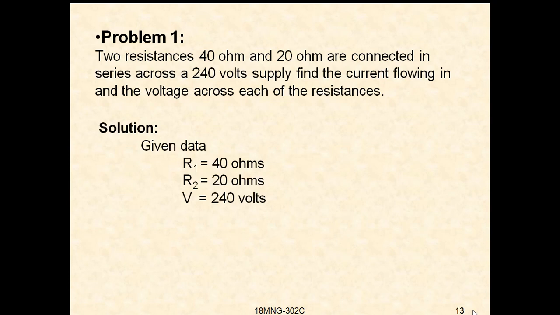In this problem, the number of resistances are 2. The first resistor R1 is equal to 40 ohms and the second resistance R2 is equal to 20 ohms.